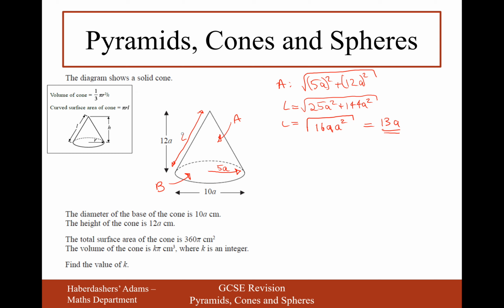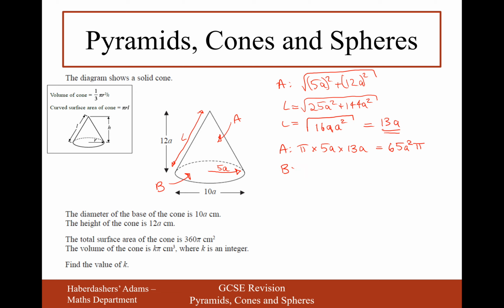We can work out the curved surface area of the cone as part A. So it's going to be pi times r, which is 5a, times L, which is 13a. We just worked that out. So it's going to be 65a squared pi. Lovely.